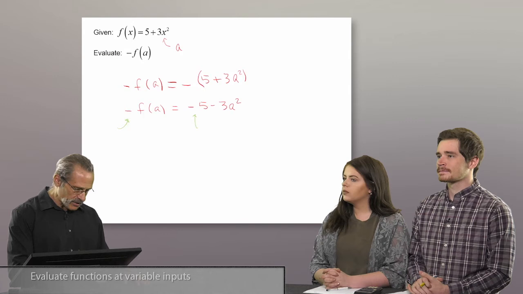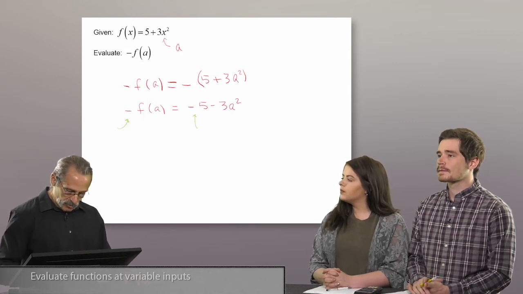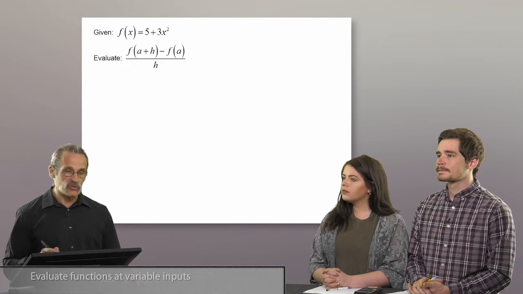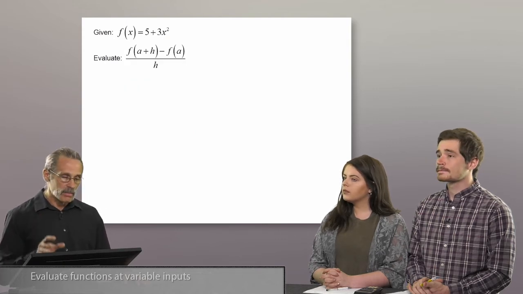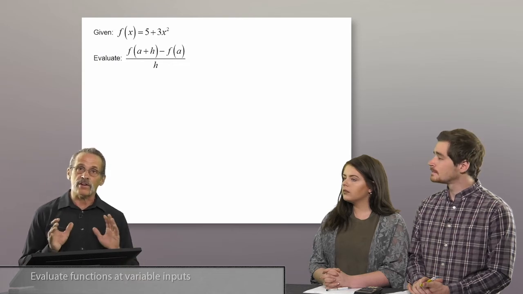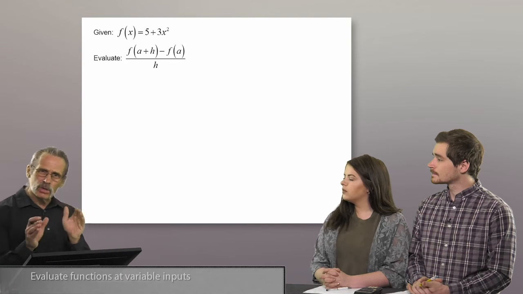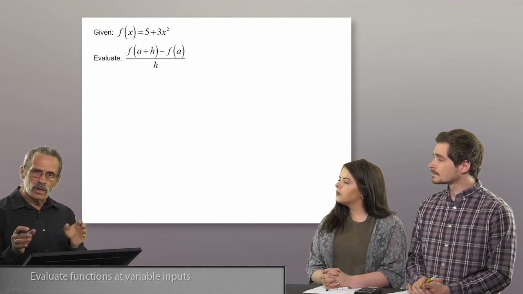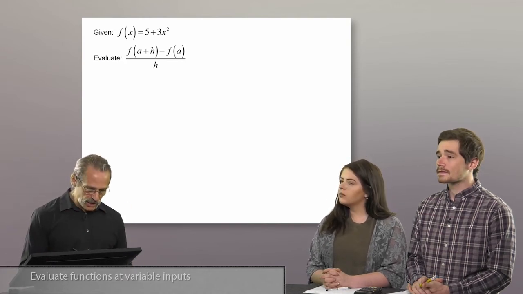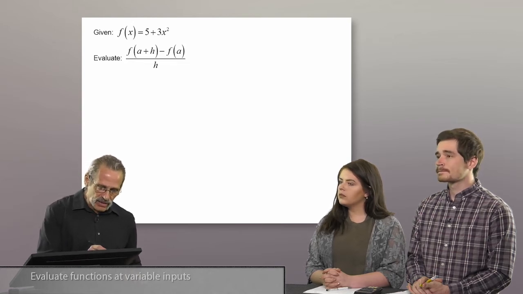Let's do one more evaluation where we take a look at an expression. And the expression is f of a plus h minus f of a over h. And we're going to have to evaluate this function at the variable input a, and also a variable input of a plus h. We're going to have to subtract the two and divide by h. Now, there was a lot of words there, but it goes something like this.